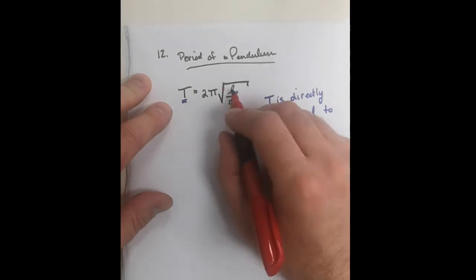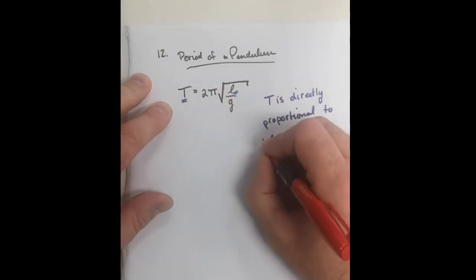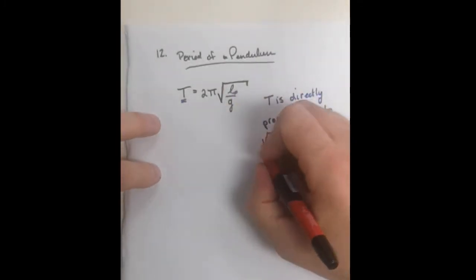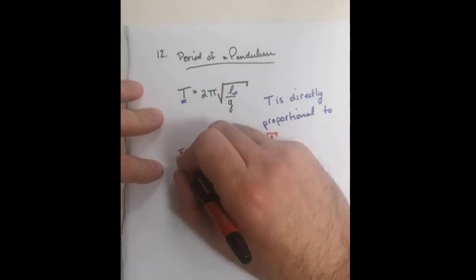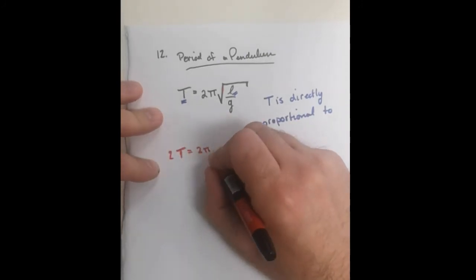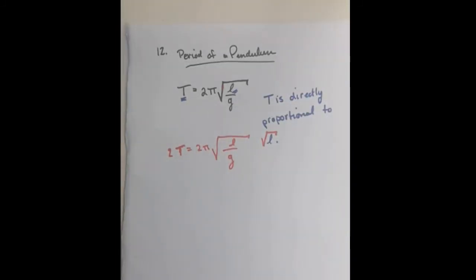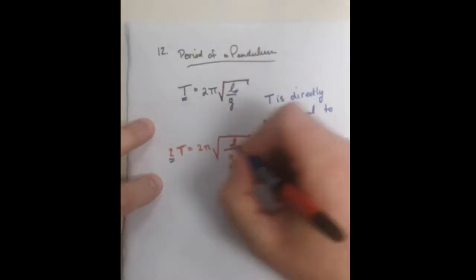But T isn't directly proportional to just the length. T is proportional to the square root of length. So what does this mean? Well, this means that if we were to double the period, ignoring all the other terms, what value would we have to put in this position in order for us to double the period?